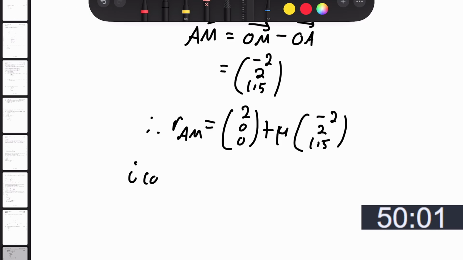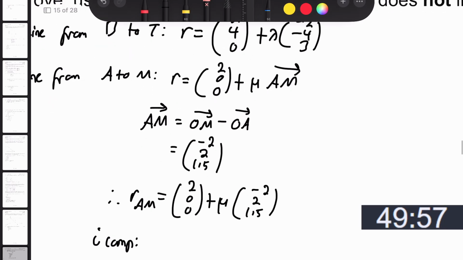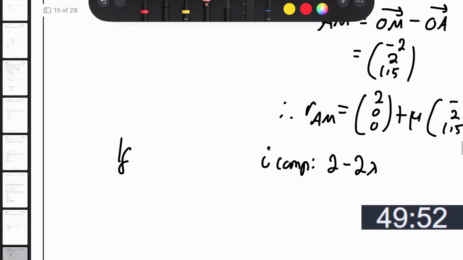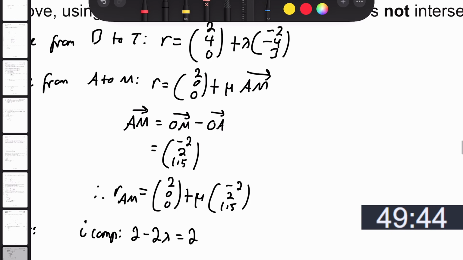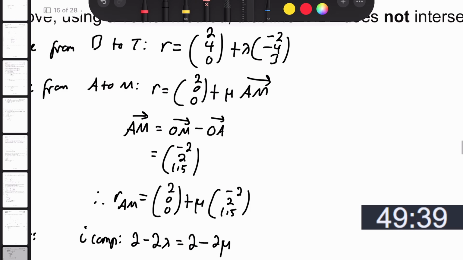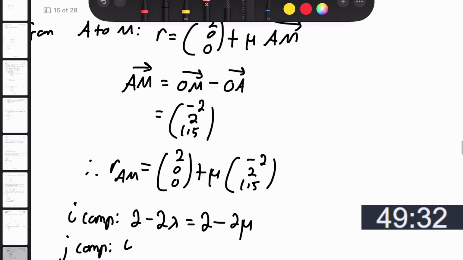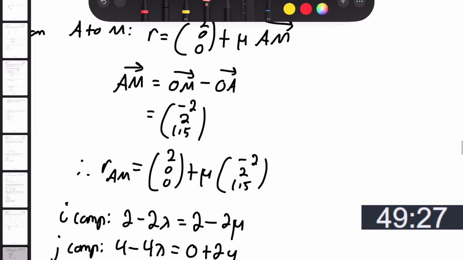I component. So we need that 2, -2. So we'll say if they intersect, I component: 2 minus 2 lambda is going to equal 2 minus 2 mu. And then j component, which is going to be 4 minus 4 lambda, is going to equal 0 plus 2 mu.